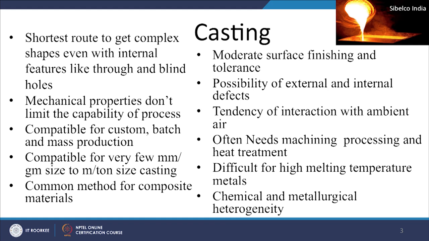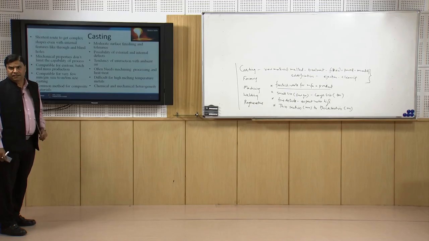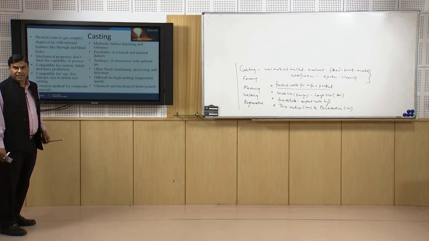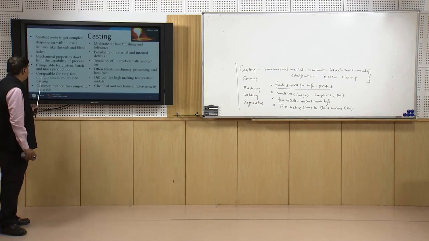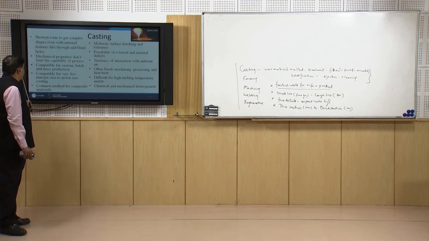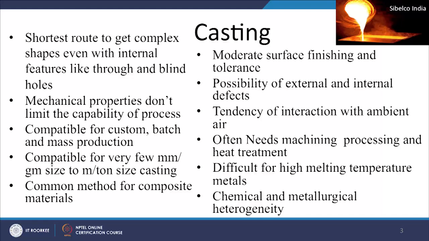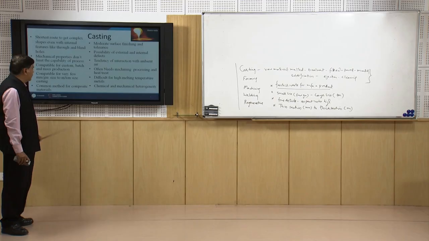This process is therefore very commonly used in the casting industry for making wheels, piston rods, engine blocks, etc., and it is compatible with very fine dimensions to very large dimensions, where sections may be very small in mm, or very large in meters or tons. It is also a common method for making composite materials.